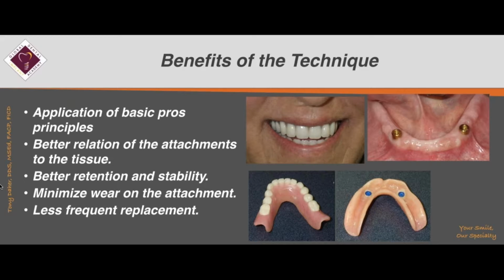It means the occlusion is not very stable, so there is a tendency for the lower denture to move, and these retentive clips are going to keep it stable, and then they're going to overwork, wear down, and lose the retention.